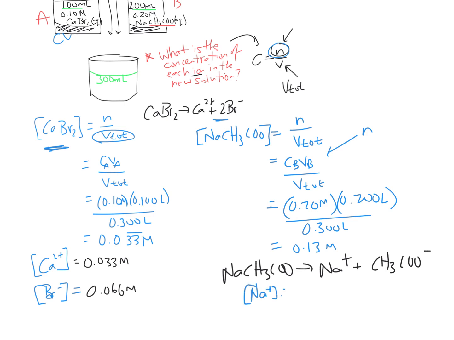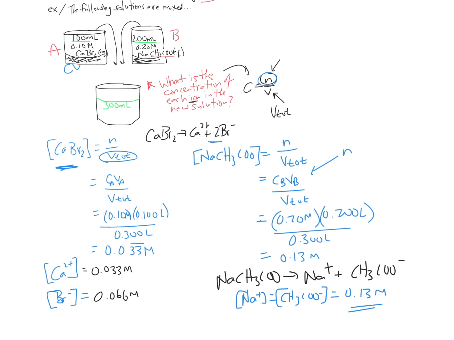So the Na+ concentration is equal to the ethanoate ion concentration, and that's equal to 0.13 molar. That's generally what you would say. So that's how you'd solve one like this.